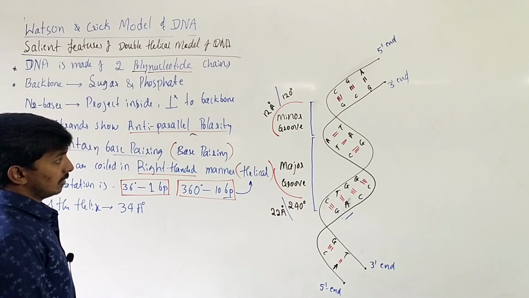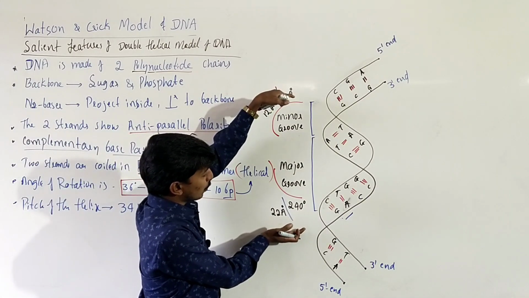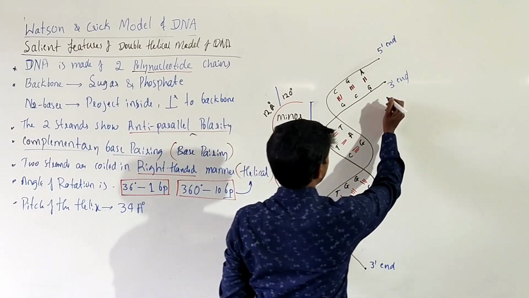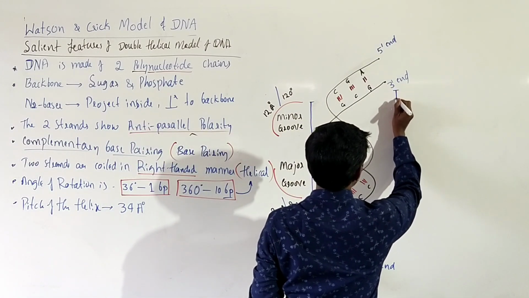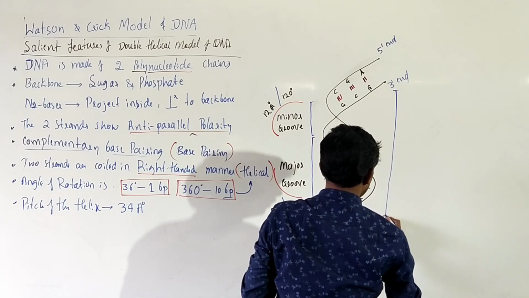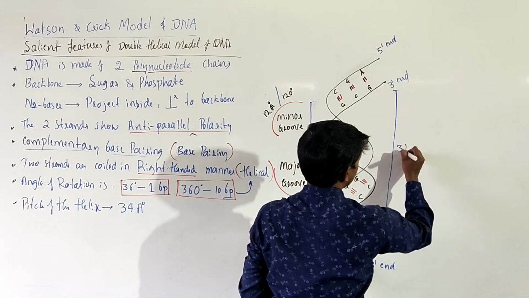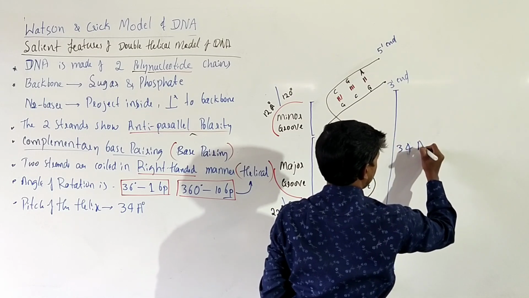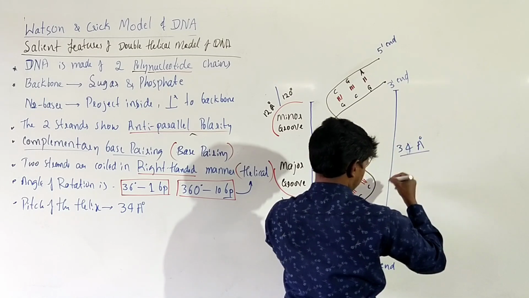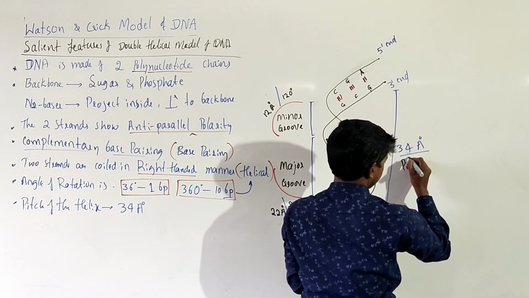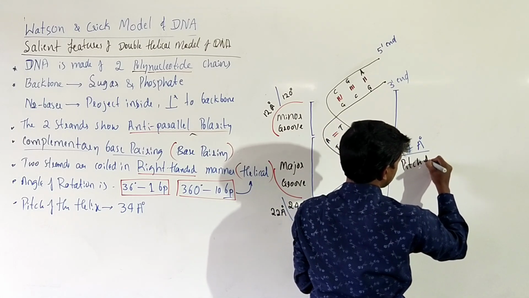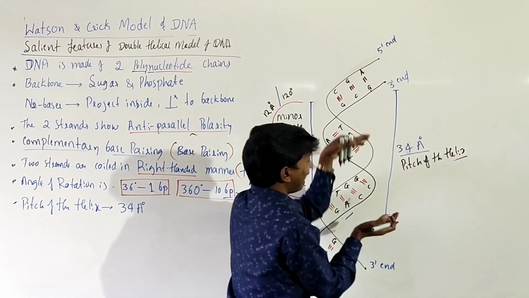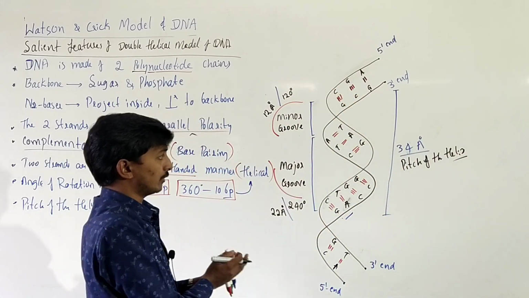Like that, they will cover 1 helix. This is known as the pitch of the helix. From this point till this point, it is 34 angstrom. That is nothing but the pitch of the helix. Pitch means length of 1 helix.